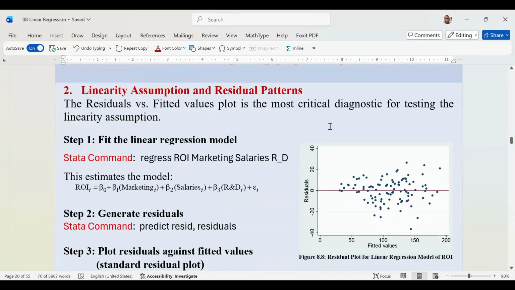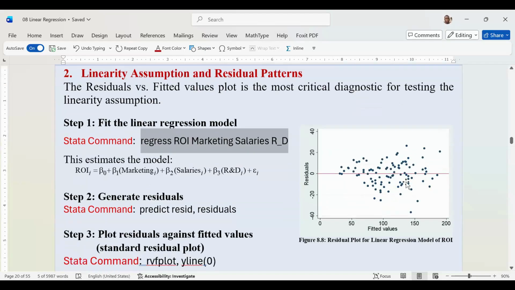So we can also establish overall linearity using the residuals. You run the regression, regressing ROI on marketing, salary, and R&D. Then you determine the residuals and check the residual plot.